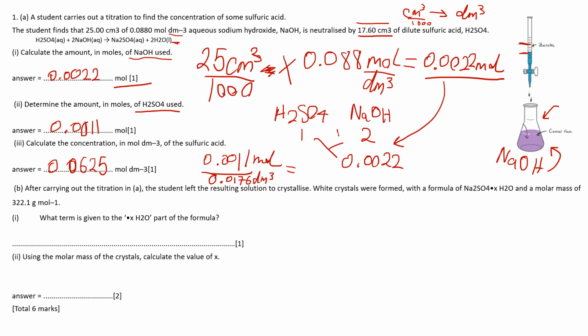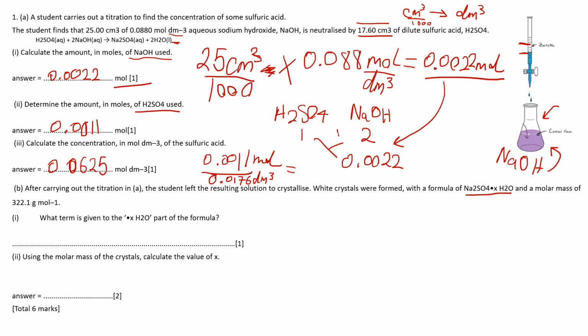And then next part B. After carrying out a titration in section A, the student left the resulting solution to crystallize. White crystals were formed with a formula of Na2SO4, which is sodium sulfate, and that's a hydrated salt. That's how hydrous or hydrated salt formulas look.